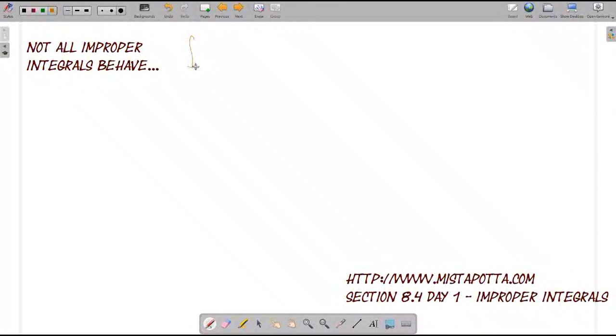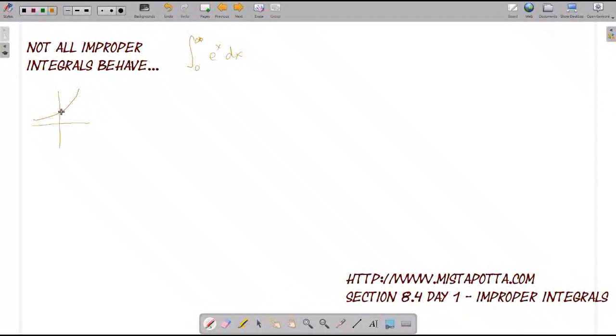I did my first example with e to the negative x, and it behaved very, very well. But if I try and do the integral from 0 to infinity of e to the x dx, you can see that I'm going to have some problems. You know that the exponential graph increases without bound.